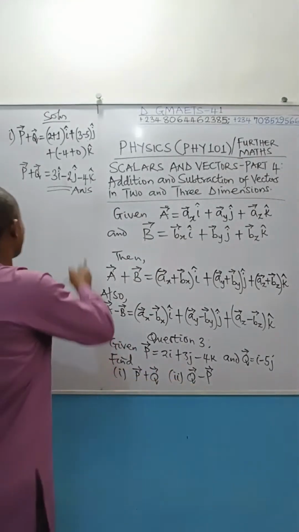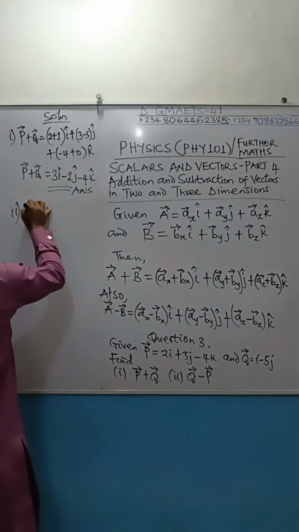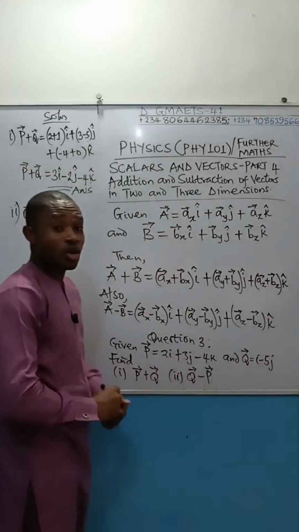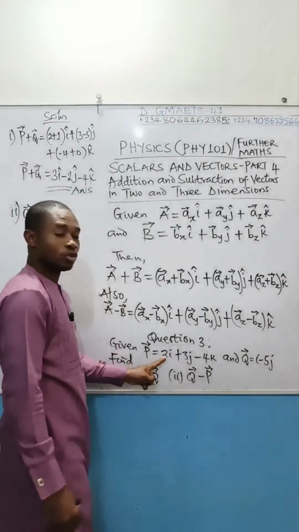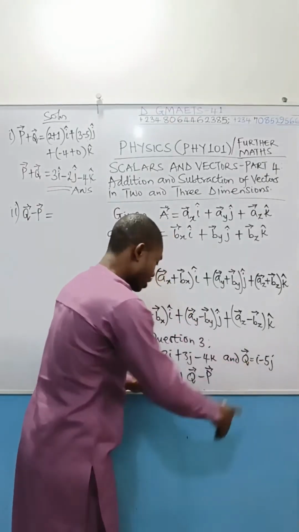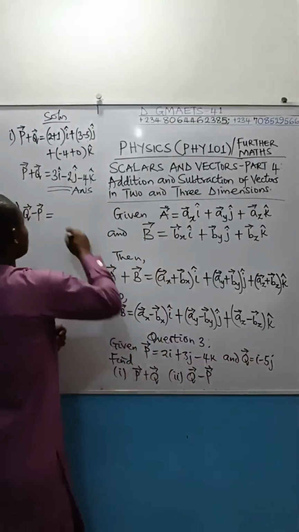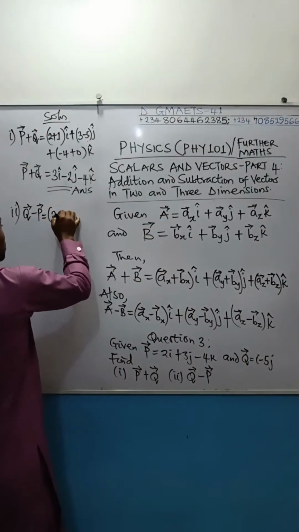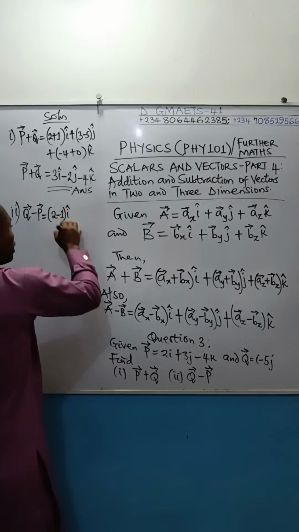So this is Q minus P. That's the next one. Q minus P will be equal to, let's go straight on, 2 minus 1 here. The i term, 2 minus 1. Let me still show the working here.